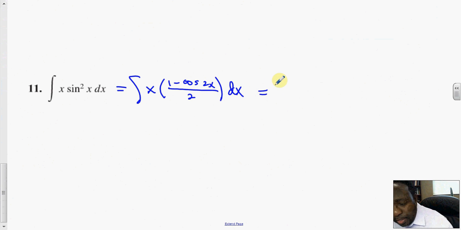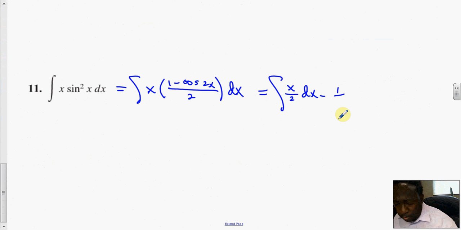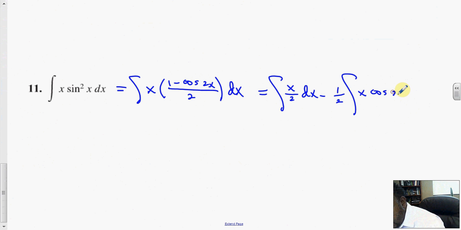Then you can write this as the integral of x over 2 dx minus 1/2 times the integral, just distributing this 1 over 2 to the first term. The 1 dx was just x over 2, and then x over 2 times the negative cosine 2x. So this is the integral of x cosine 2x dx.